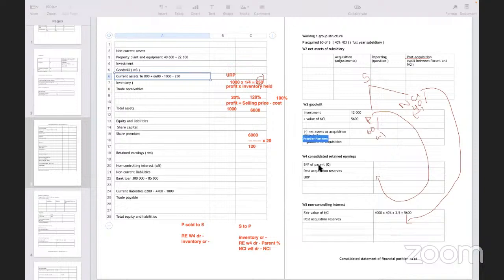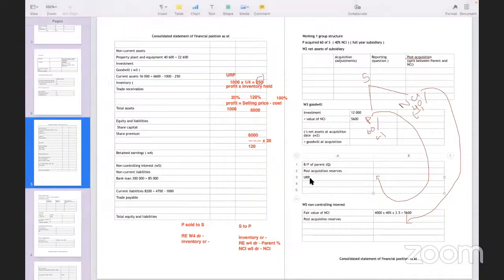In my question, the subsidiary makes a profit, so it gives the parent 60%. The parent is here, working number 4, so you mark URP. How much is the URP? URP is 250, but take 60%, because only the parent percentage must be removed here. So 250 at 60% will be 150. The rest, remove from NCI.